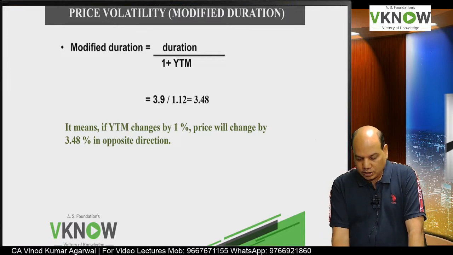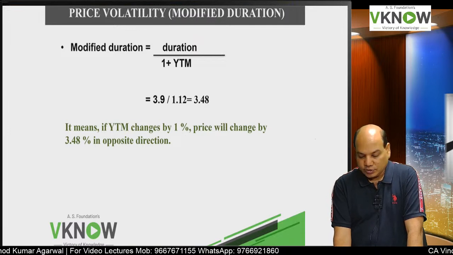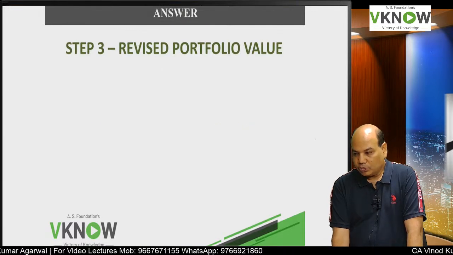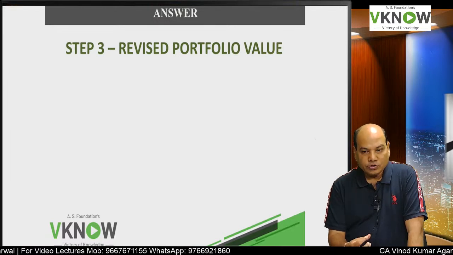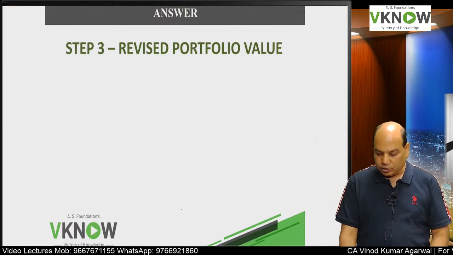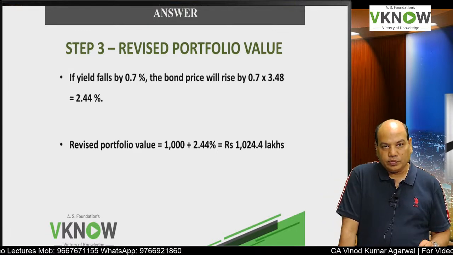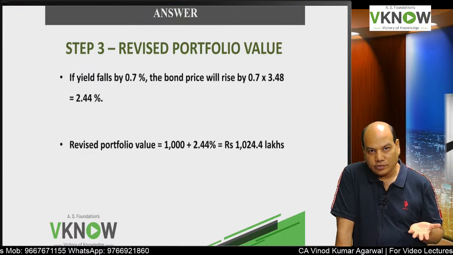But in this problem they are saying the YTM will fall by 70 basis points. So write down below step 3, revised portfolio value. First we'll check by what percentage portfolio value will increase.